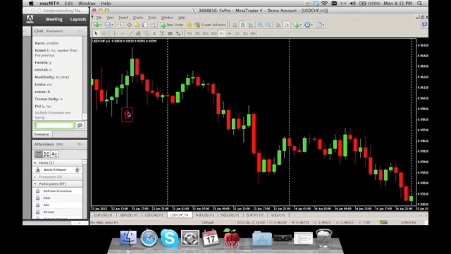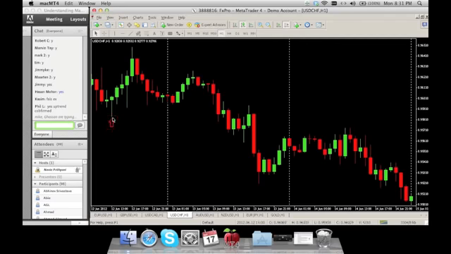Trend continuation pattern here. Yes, it's an upside down exhaustion, bigger than the previous candle, and it's also in a trend. Next candle opens, goes long. Okay?